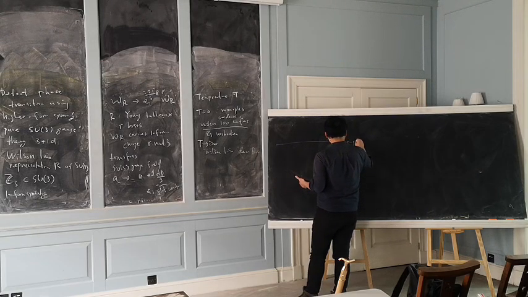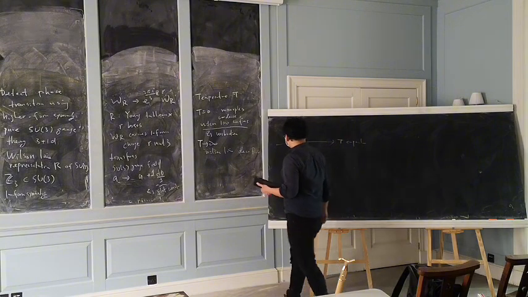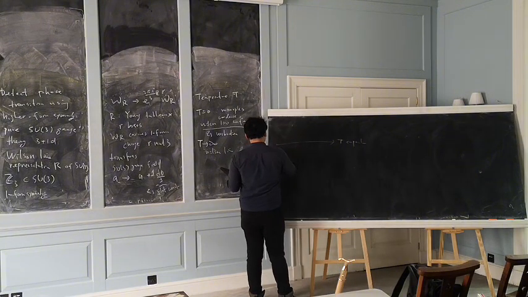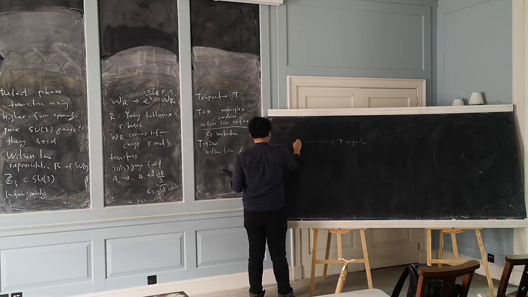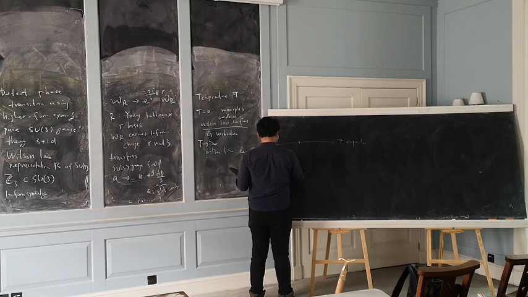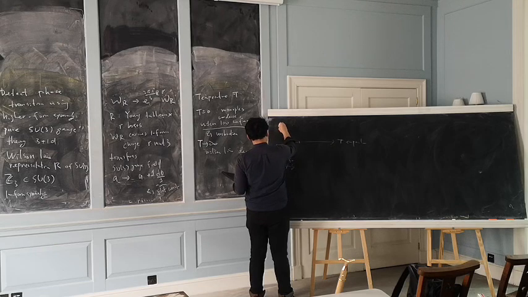So this is temperature. When temperature is very low, even at T equal to 0, you have unbroken Z3 one-form symmetry. And then here you have confined Wilson line.